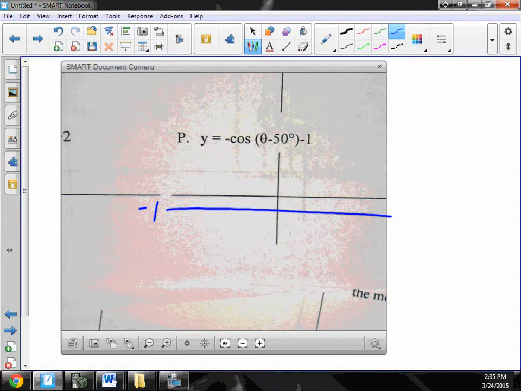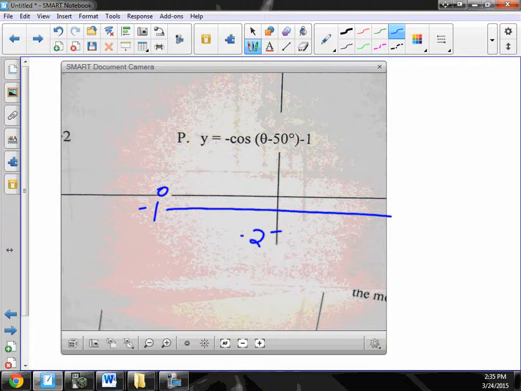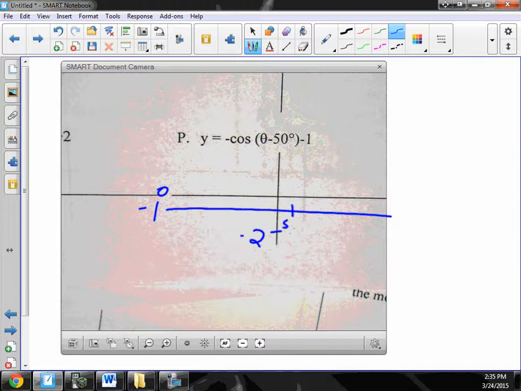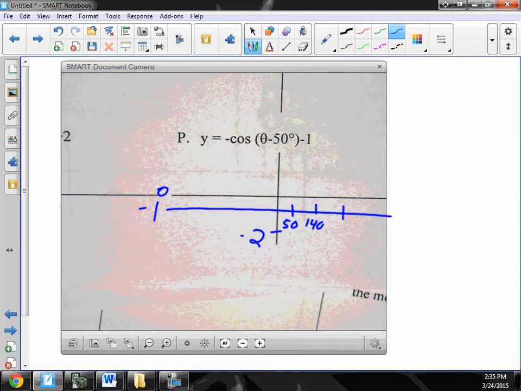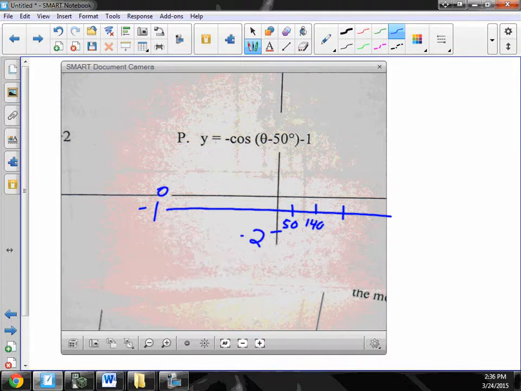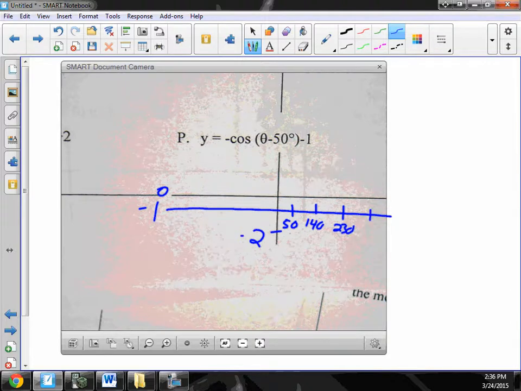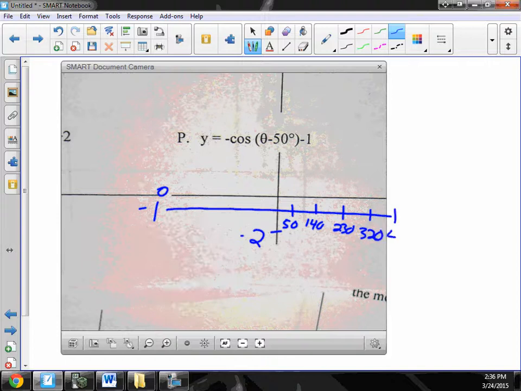My maximum will be at 0, and my minimum will be at -2. I need to shift everything to the right 50. So my first critical point is 50. What's my next one? 140. We'll get there. 230. 320, and one more. 410.